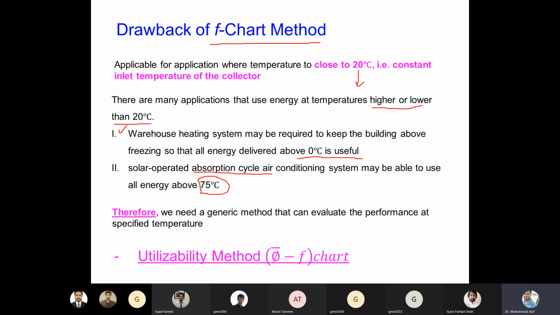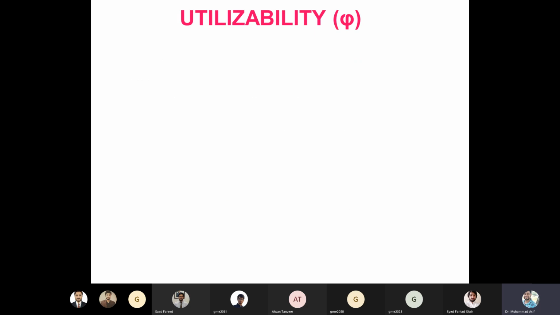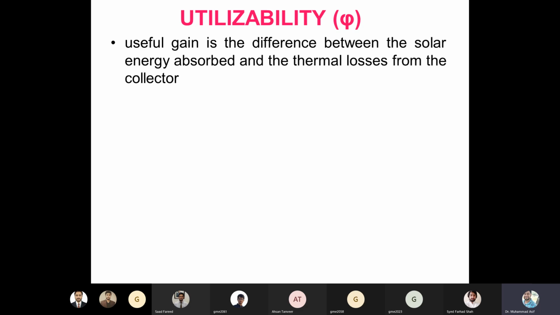So let's first discuss the meaning of utilizability. We know that the useful gain, Q_u, is the difference between the solar energy absorbed and the thermal losses from the collector.